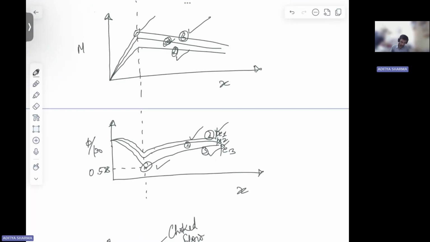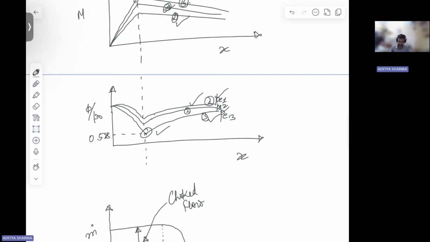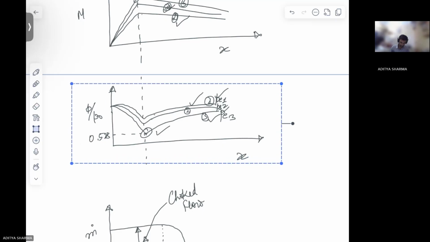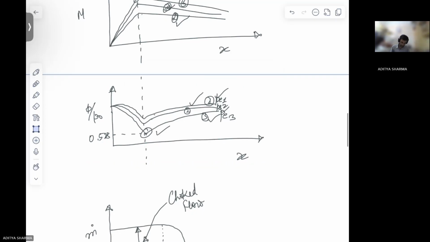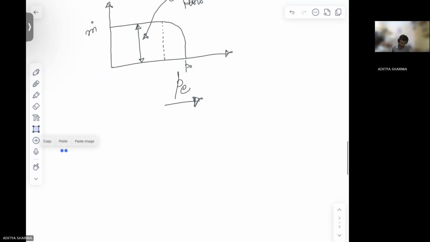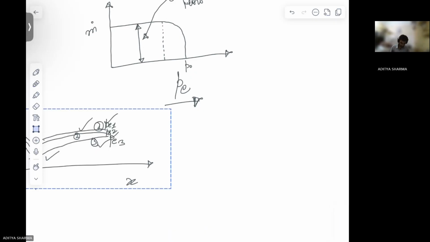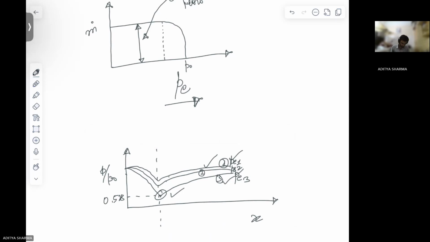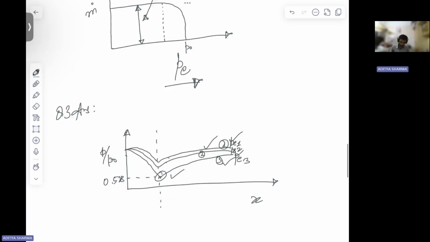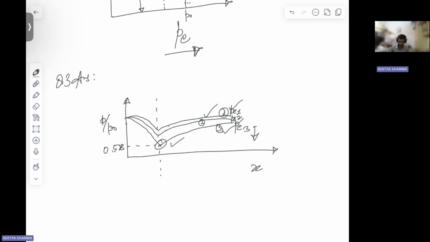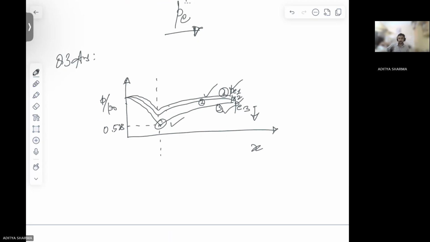Now that we have changed this exit pressure to a lower value, will it affect this region?